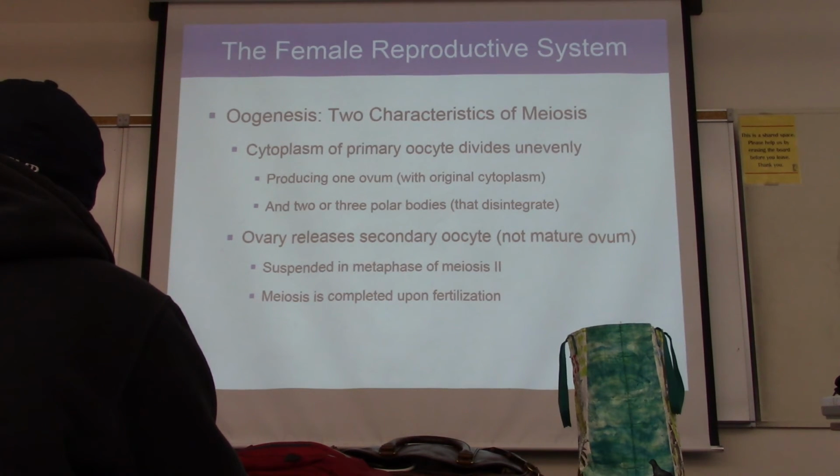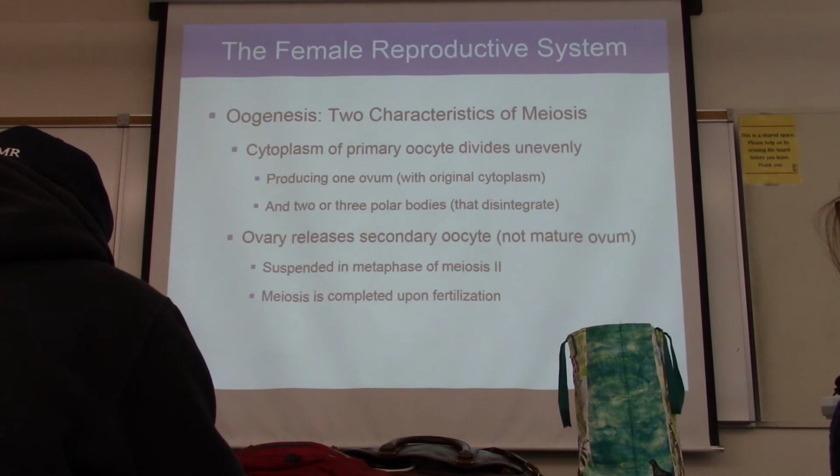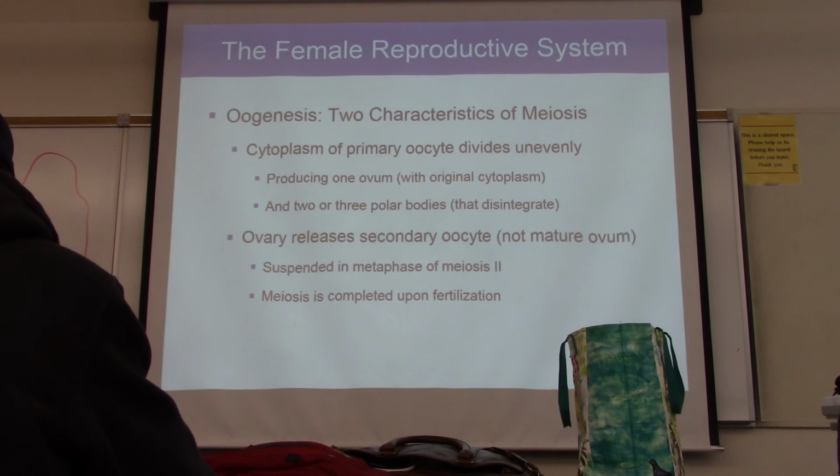In other words, all of the cytoplasm goes with one of them, and the other one gets nothing. And then we call that just a polar body, and it dies, goes away. To make all the numbers come out right, they always say that the first polar body splits again, but like I say, I don't think that really happens.